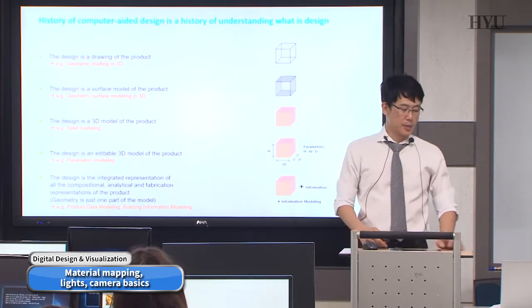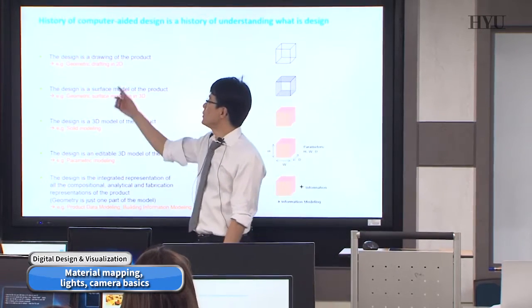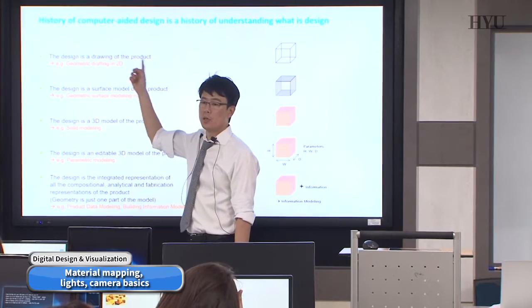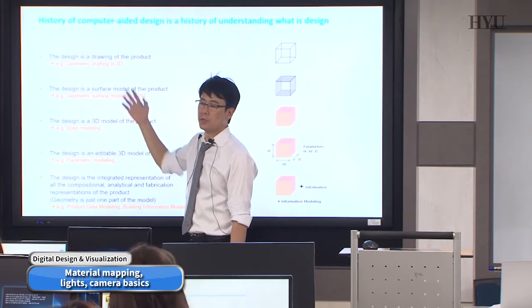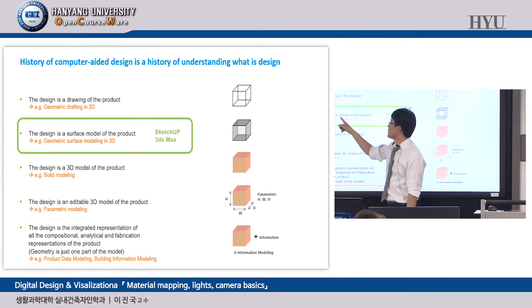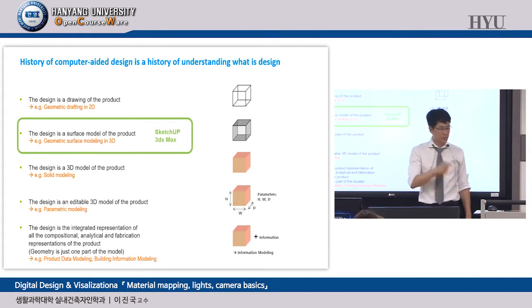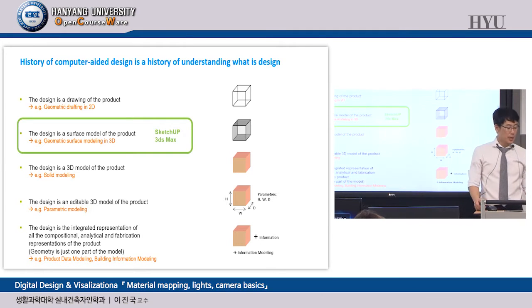So take a look at this history of CAD again. When we believed 2D drafting was design, we used 2D drafting software. But in this semester, we are learning surface-based 3D models: SketchUp, 3D Max, Rhino, Maya, or any other type of general 3D design software, okay?